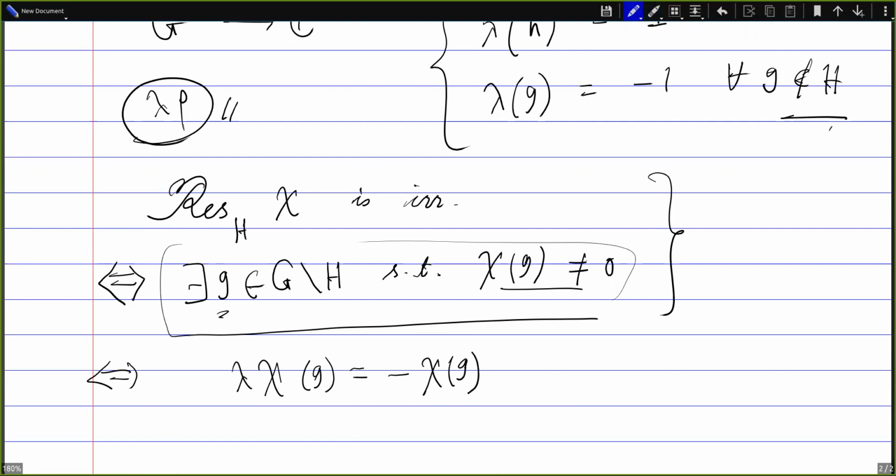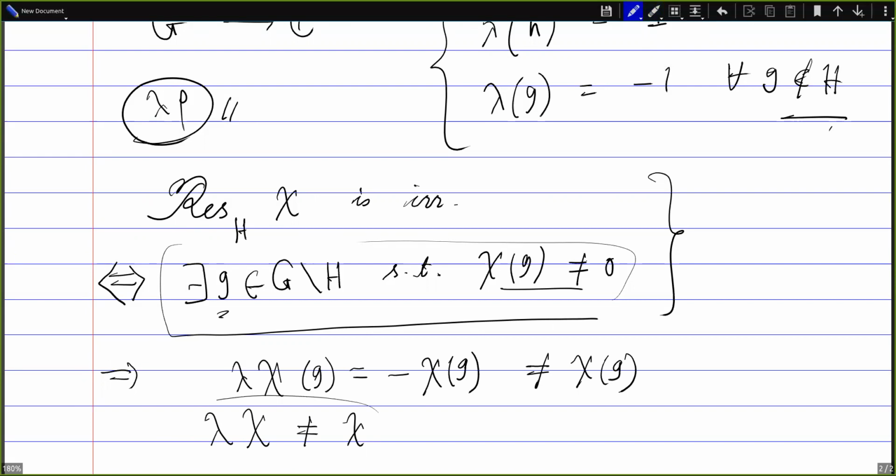And chi g is non-zero, so that is certainly not equal to chi g. So what we have just seen is that the characters lambda chi and chi are not the same. So far we have just proved one direction. Now we will prove the other direction.